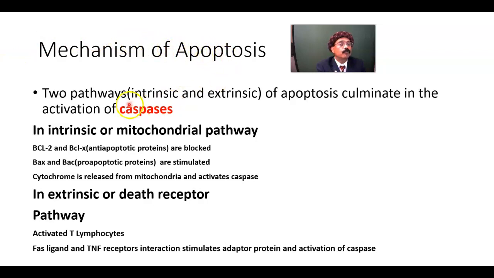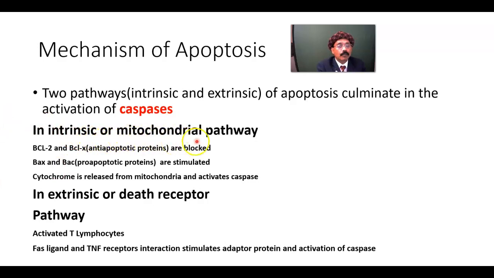Mechanism of apoptosis: there are two pathways, the extrinsic pathway and the intrinsic pathway. The intrinsic pathway is the mitochondrial pathway. The extrinsic pathway is the death receptor pathway, usually in association with T lymphocytes. In both, there will be formation of caspases, the chief executioner or intracellular molecular guillotine system that will cut down proteins.